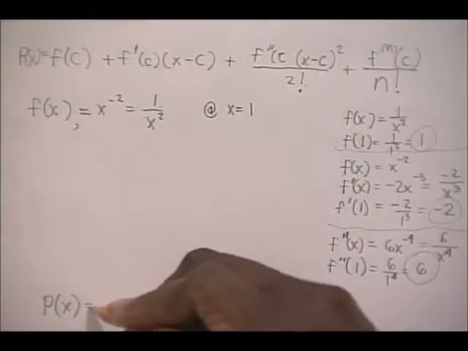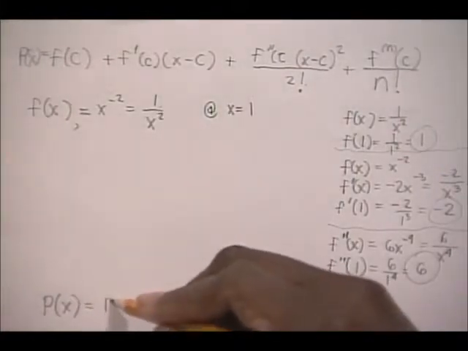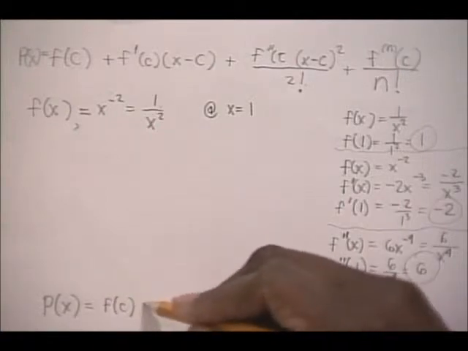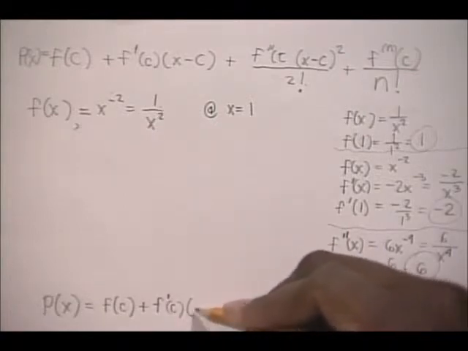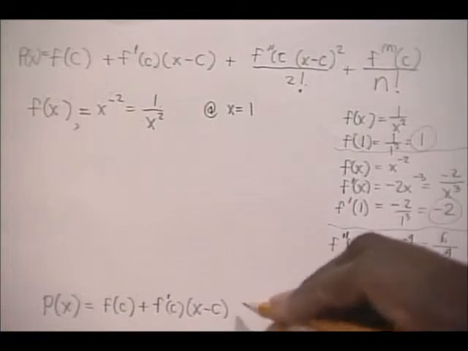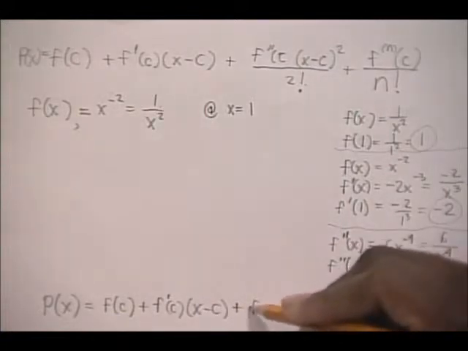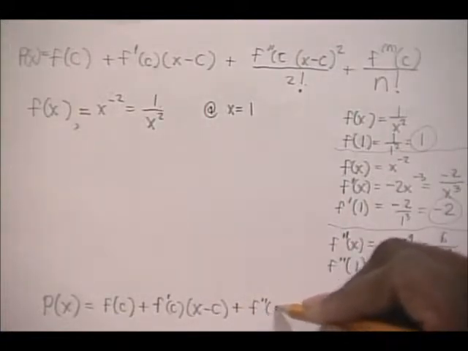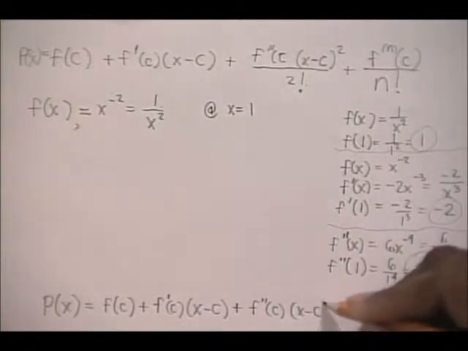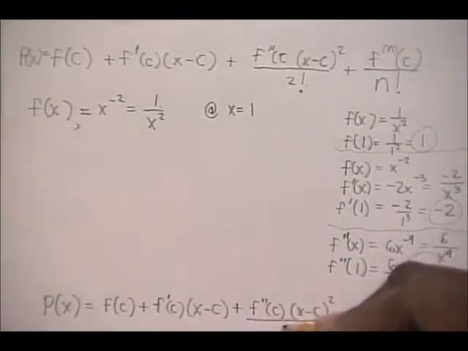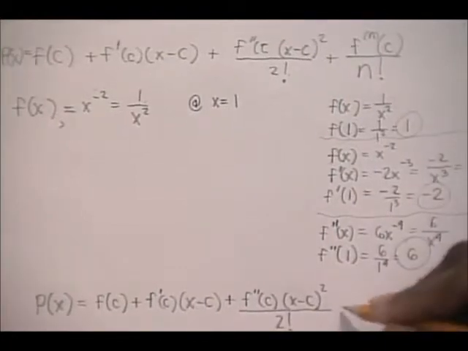So we get p sub x is equal to f sub c plus f prime sub c times x minus c plus f double prime sub c times x minus c, and don't forget for us c is 1, squared over 2 factorial, and this goes on and on and on.